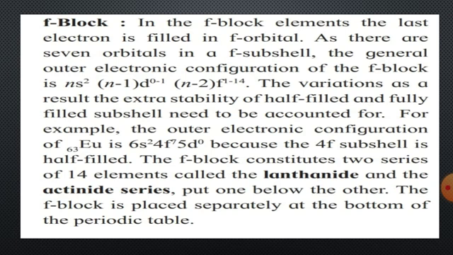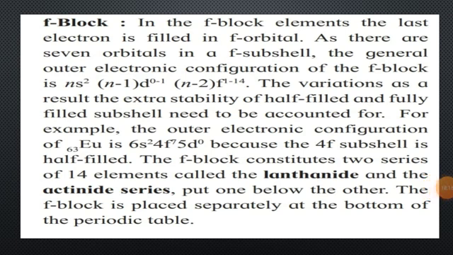The first series is the lanthanide series, then below it is the actinide series. The f block has been placed separately at the bottom of the periodic table. Hope you all have understood it.